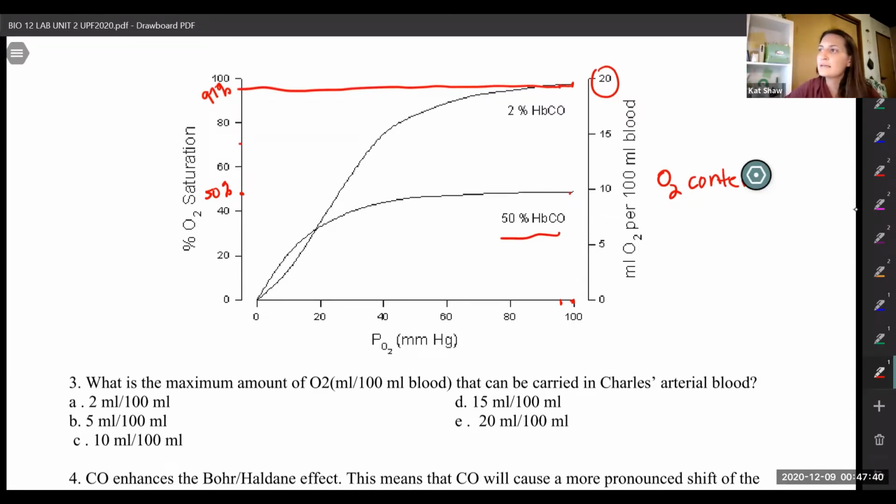Becky says 10 milliliters. Yep. 10 milliliters of oxygen per 100 milliliters of blood or percent. And we get that directly from where we max out in terms of Charles's curve here. Here's Charles's curve. Here's our maximum oxygen content, around 10.